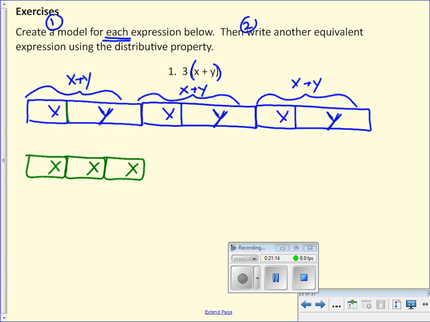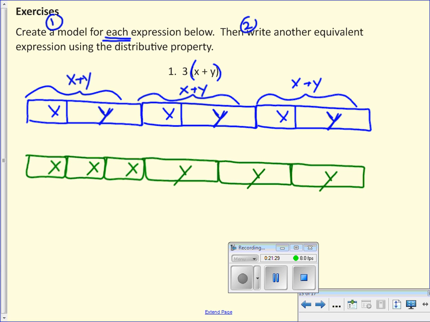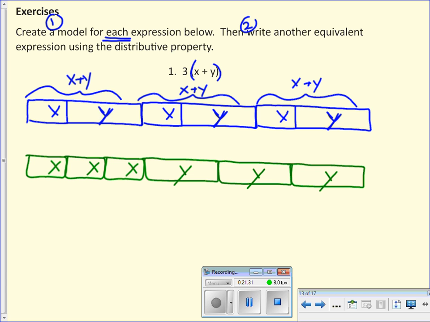And then here's my y, but I have 3 of them. So if I look at what I have, here I have 3 x's plus I have 3 y's. Why can't I group them together into one big cluster of 6? Because they're not multiplying. Right. I can't add different variables.